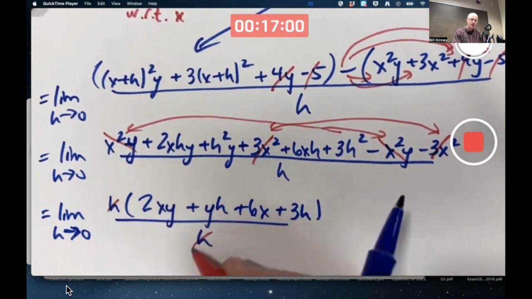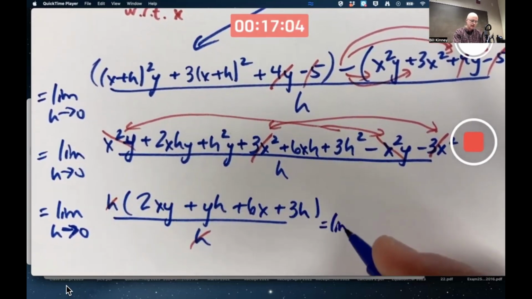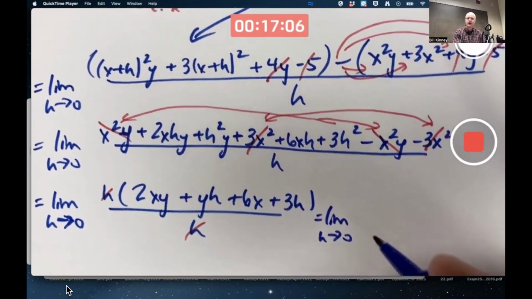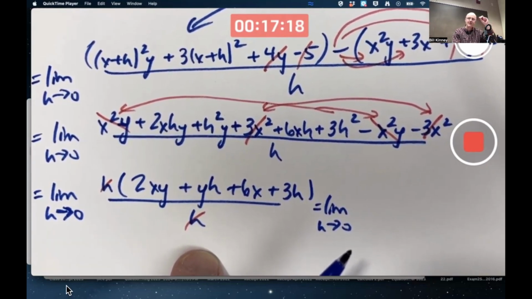Divide out the h's, which is okay because technically speaking, the limit is independent of what actually happens to this expression when h actually equals 0. If I graph this as a function of h, thinking of x and y as fixed, it would have a hole in its graph at h equals 0.